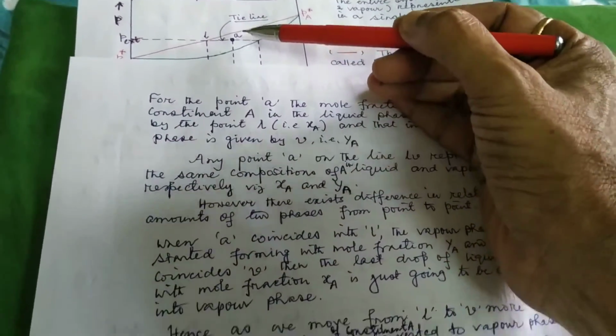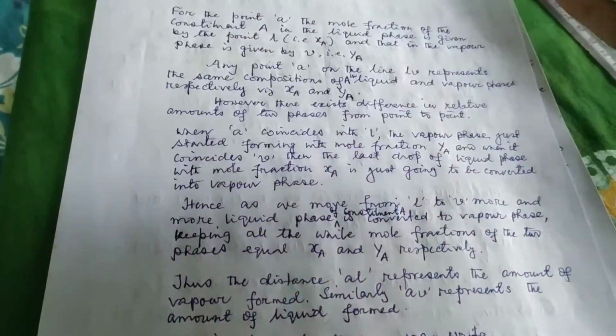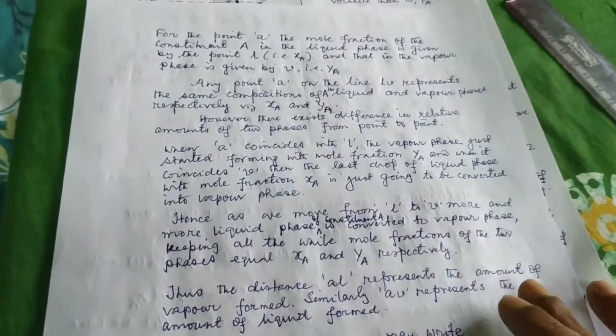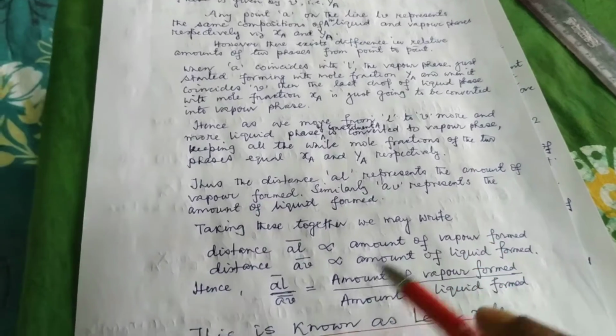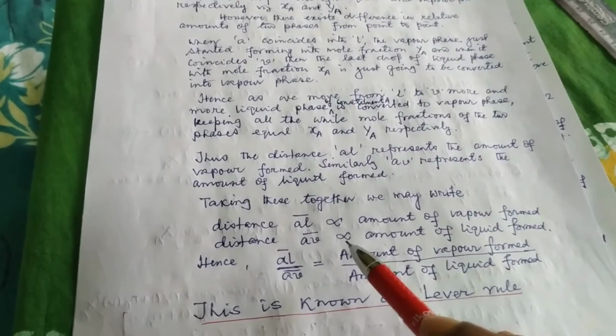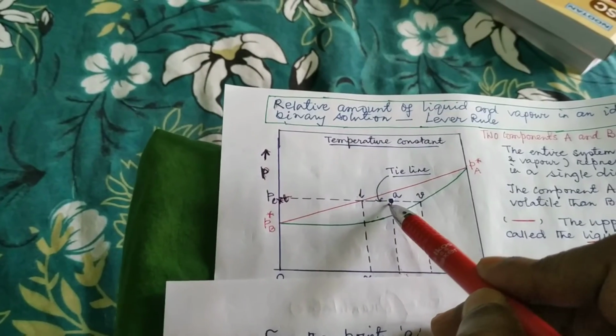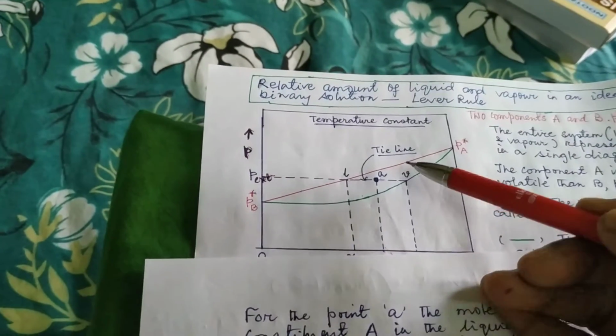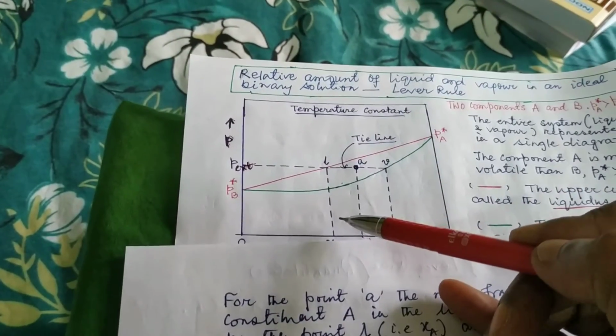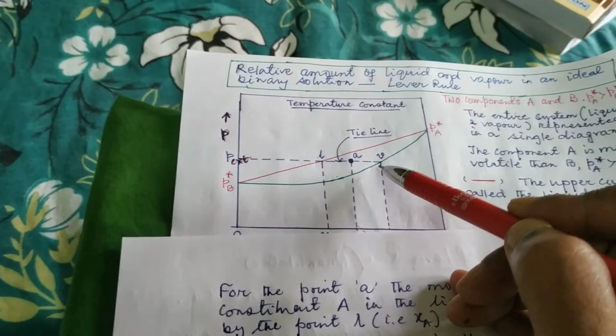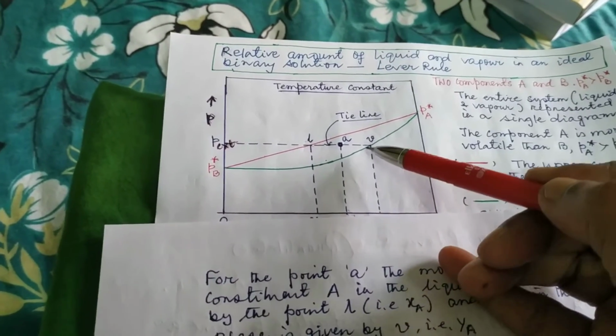Okay. So, taking this together, we may write distance AL is proportional to amount of vapor formed, and distance AV is proportional to amount of liquid formed.